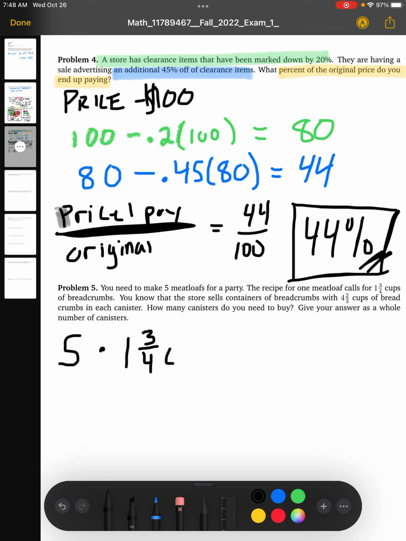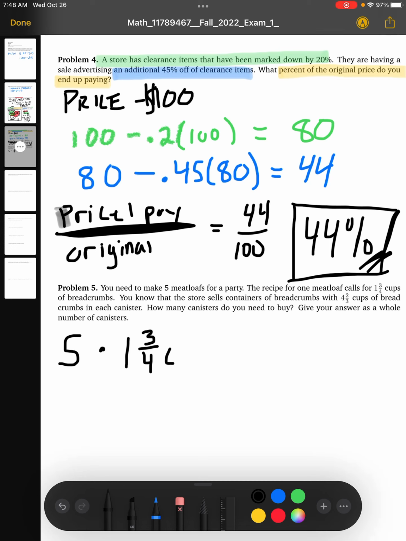So I'm going to multiply these two numbers together, and you can do that by converting this mixed number to an improper fraction. So I'm going to take 5 times 7/4, which gives me 35/4. This is the total amount of breadcrumbs that I'm going to need.